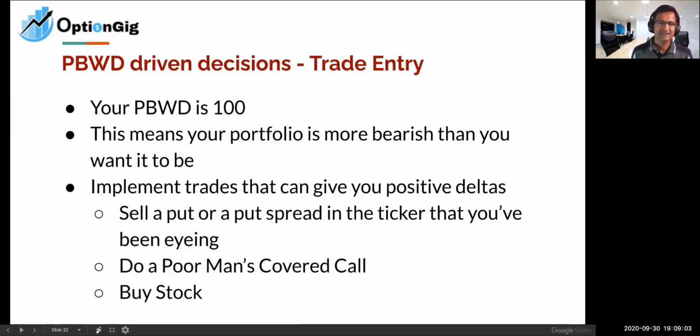It will need a little more management. That's fine. So depending on how much you can manage it, based on that, you can decide you want to buy or sell a stock, or you want to reduce or increase the delta using options. Remember, in options, deltas are soft. They keep on changing. In stocks, deltas are hard.